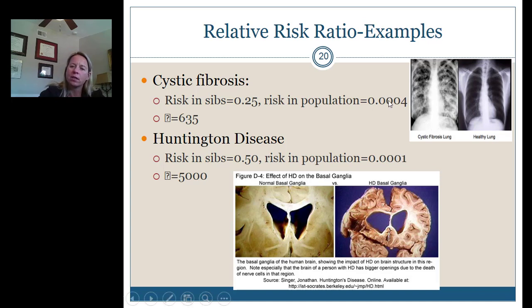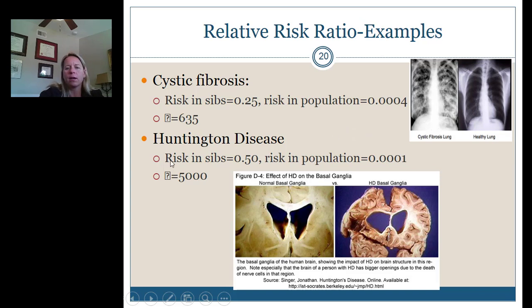And then the calculated risk in the general population, regardless of family membership, was 0.0004. So the ratio of those two, again, this should be a lambda sign, is 635. That's very large, suggesting a strong genetic etiology for cystic fibrosis.